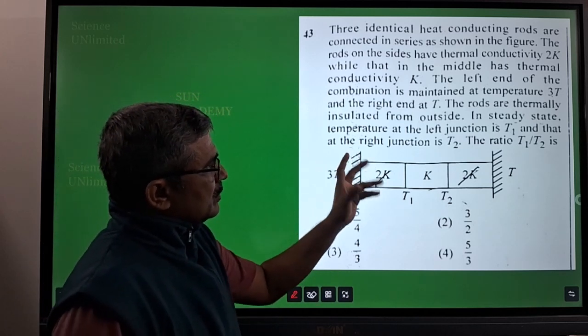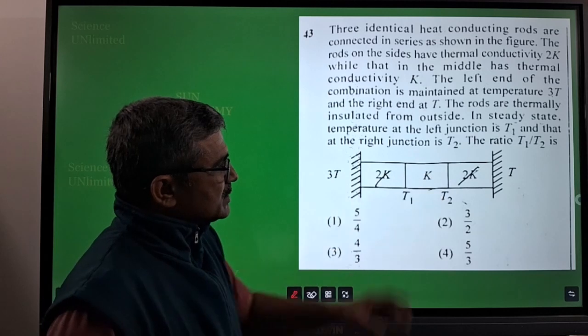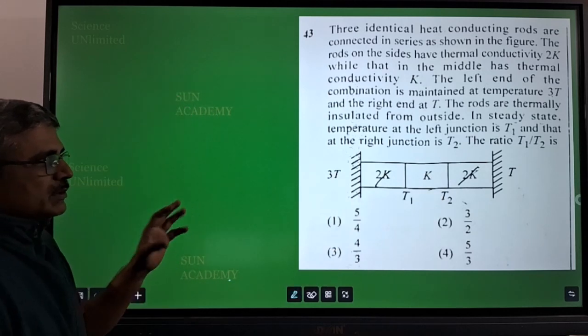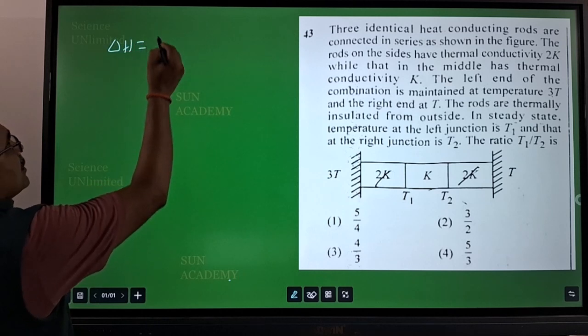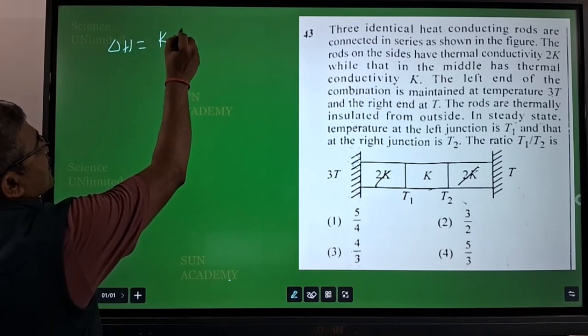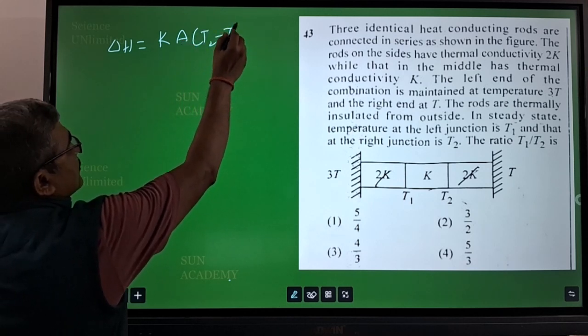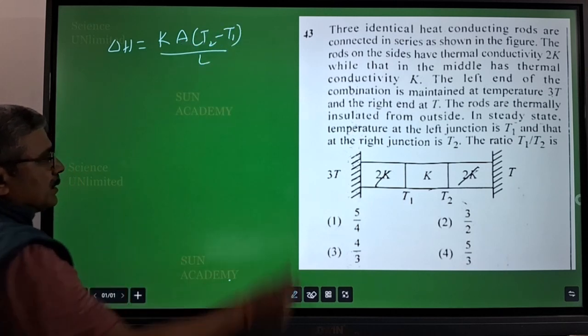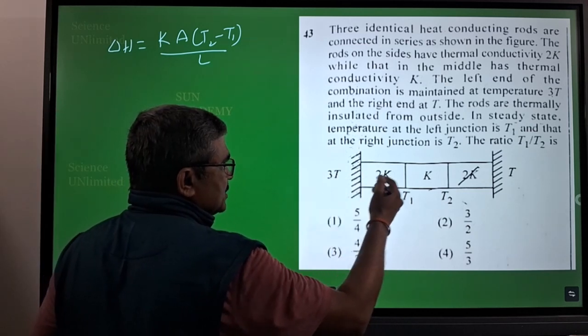So first of all, we will find the heat transferred from this system to that system. We have a formula in the textbook: the heat transferred, delta H, is equal to the thermal conductivity K times cross-sectional area A times T2 minus T1, divided by L. Through this cross section, heat flows from the end with higher temperature to the other end.